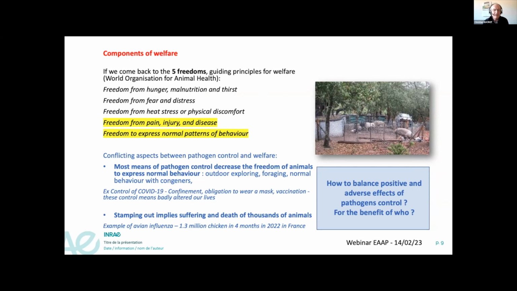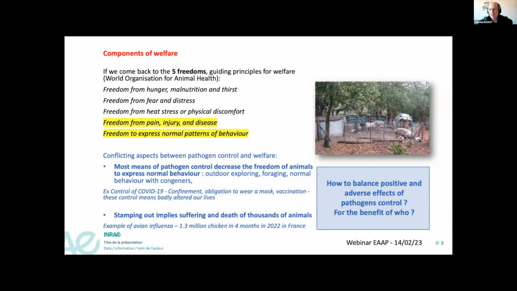We have already seen that, but also freedom to express normal patterns of behavior. And we'll see very rapidly that there are conflicting aspects between pathogen control and welfare, because most means of pathogen control decrease the freedom of animals to express their normal behavior, for example outdoor exploring, foraging, and normal behavior with congeners.